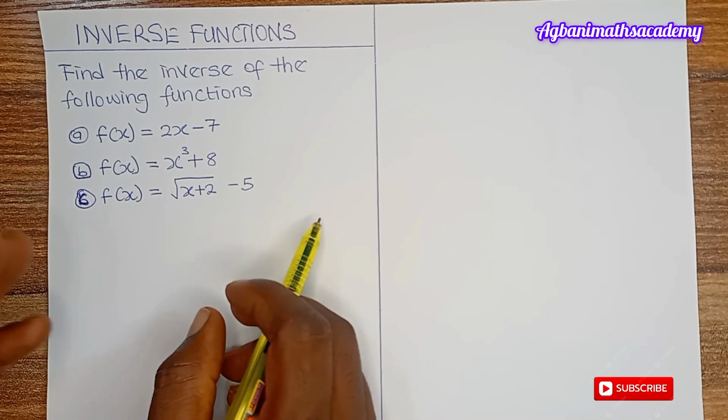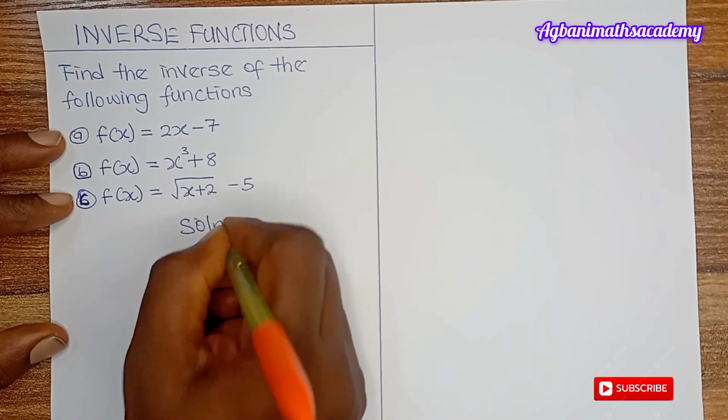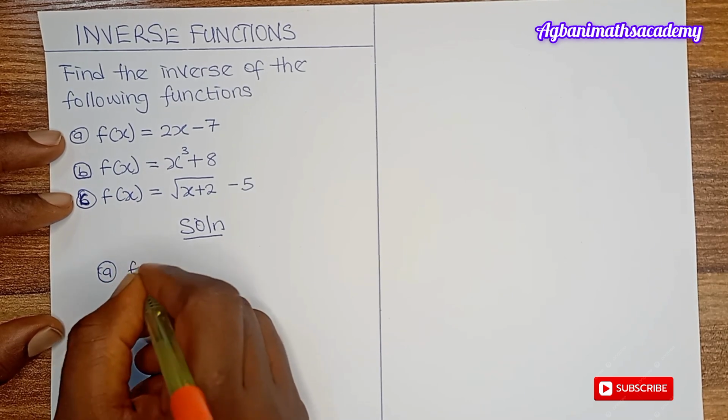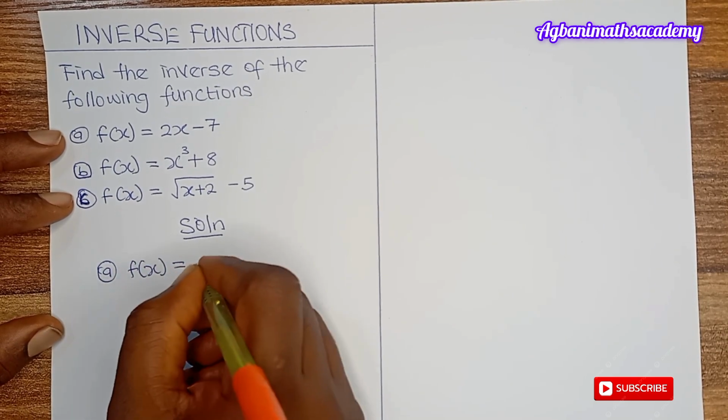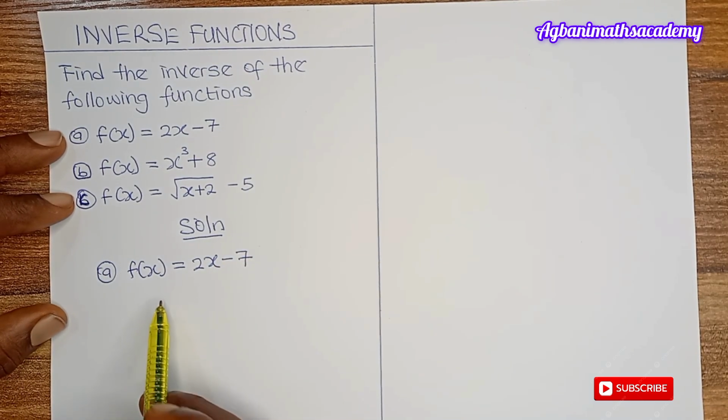So when we are trying to solve the inverse of a function, all we need to do is switch the places of the x and the y values. Okay, so let's solve together. A, we have f of x is equal to 2x minus 7. But remember, f of x is the same thing as y.